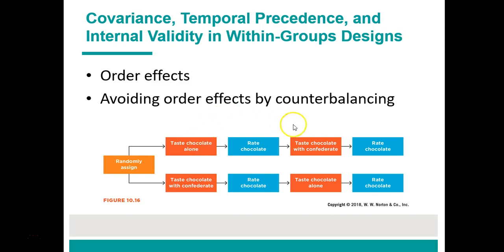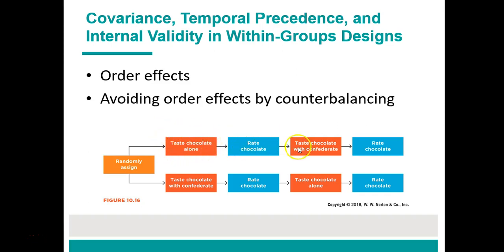Well, this is a potential practice effect or a carryover effect, that maybe the first time you taste chocolate, it just tastes better because it's so delicious. And then the second time you taste it, because you've already had some a few minutes earlier, it's just not as good.